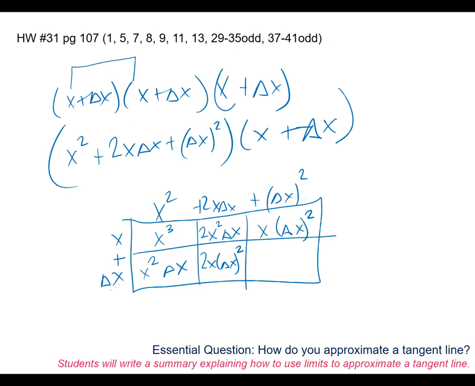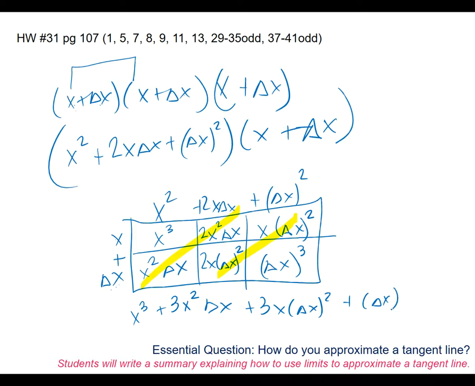And delta x times delta x squared would be delta x cubed. And Mrs. Ballard's trick about the diagonals still works, right? There's rare chances that it doesn't, so don't always count on that, but it looks pretty good right now. So this is saying that we've got x cubed plus 3x squared delta x plus 3x delta x squared plus delta x cubed.